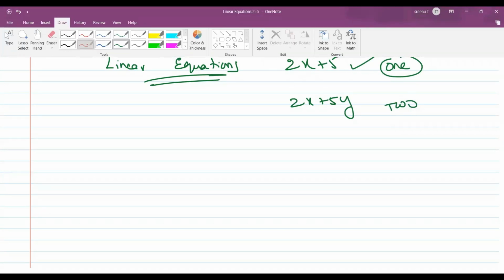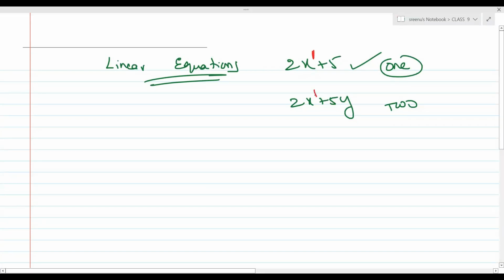The same applies here, depending upon the degree. We just defined a linear polynomial, no? Yes, that is a linear equation in one variable. If we get y as well, it is a linear equation in two variables. That's it. So what do we do with these linear equations? Generally we have solutions, so how to solve?